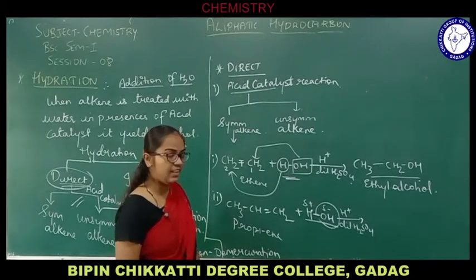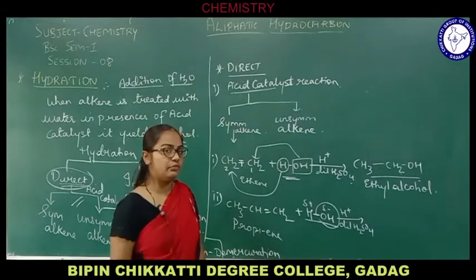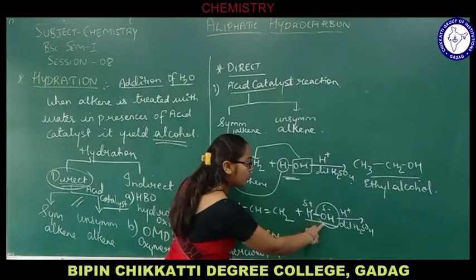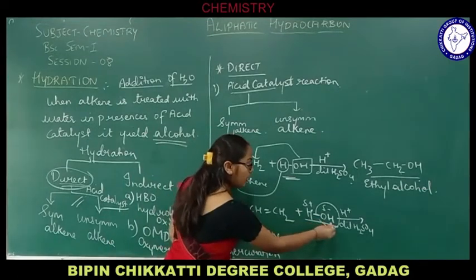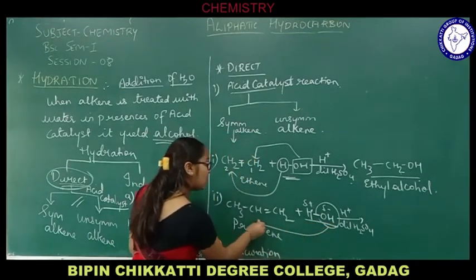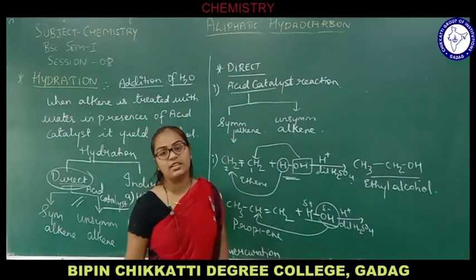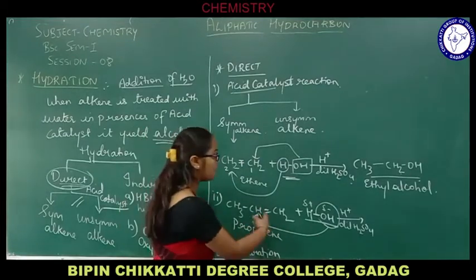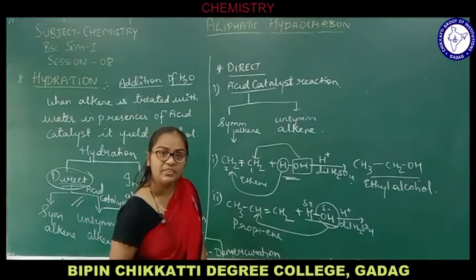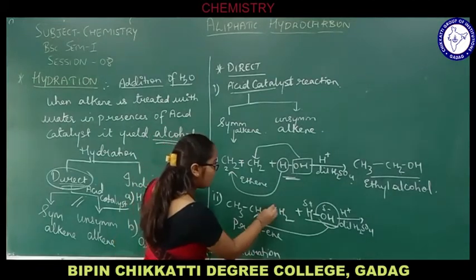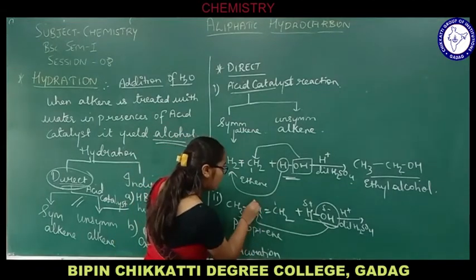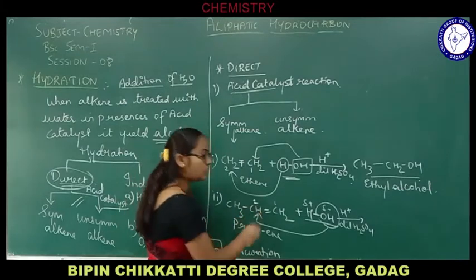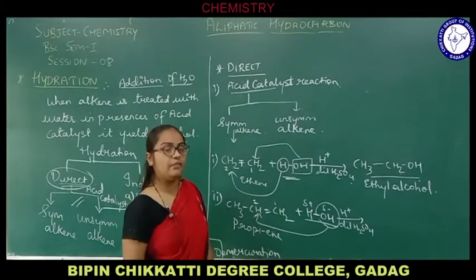I repeat once again, according to the Markovnikov rule, the negative group of the reagent will get attached to that carbon atom which has less number of hydrogen atoms, and this addition takes place across the carbon-carbon double bond. So if you compare carbon number 1 and carbon number 2, carbon number 2 has less number of hydrogen atoms.